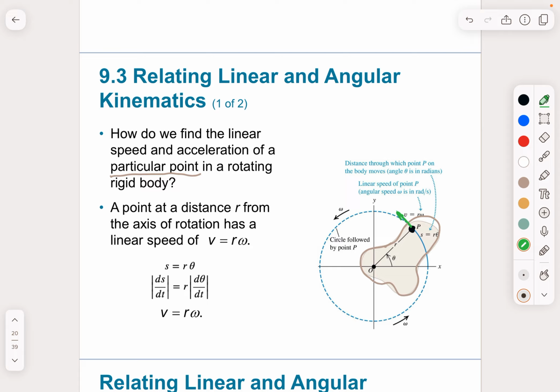Its magnitude is going to remain constant because we're dealing with constant acceleration, right?